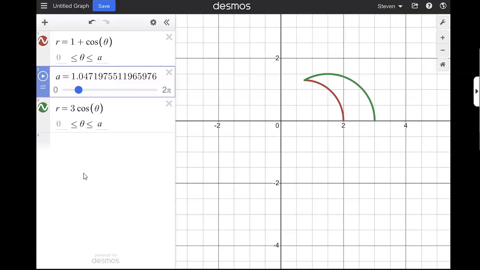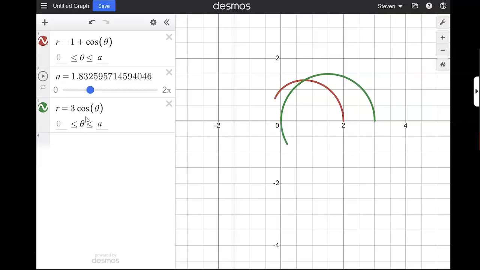If you looked at the xy graphs of 1 plus cosine theta and 3 cosine theta, they are both positive in the first quadrant. So these two graphs come up, they do intersect, and then they continue to pi over 2. At that point, we're not worried about anything else.